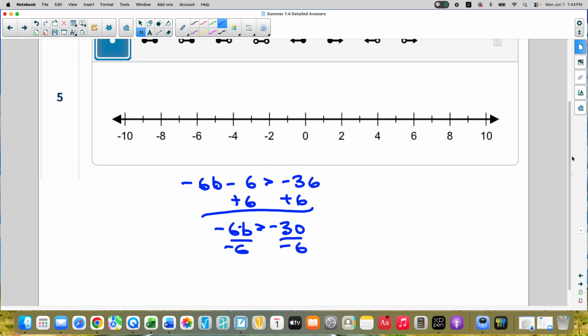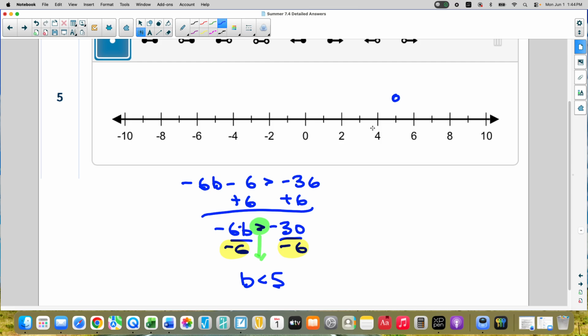At this point, one of the very important rules to remember is that when we divide both sides of an inequality by a negative, we have to flip the inequality sign. So that now becomes less than, and that's 5. So my solution is b is less than 5. We find 5.